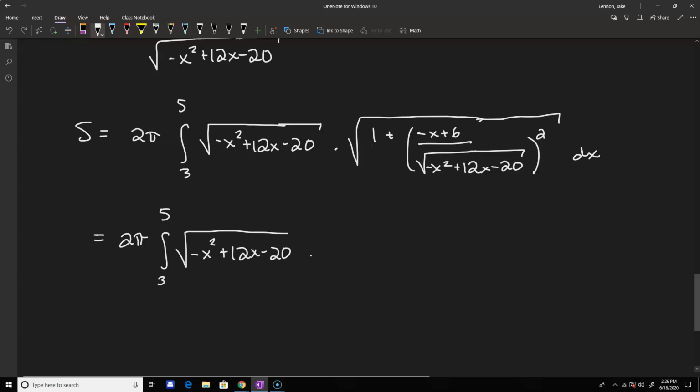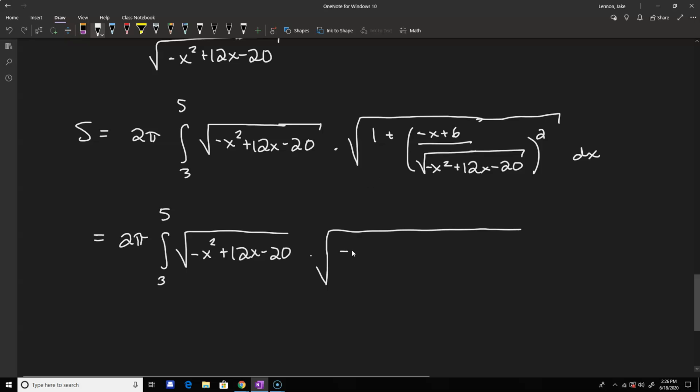Well, we can get a common denominator, in fact, with 1, right? We can write 1. How can we think of this? Well, when you square this term, we're going to get minus x plus 6 quantity squared, and on bottom, we're just going to get this minus x squared plus 12x minus 20. Well, we can write 1 as that.